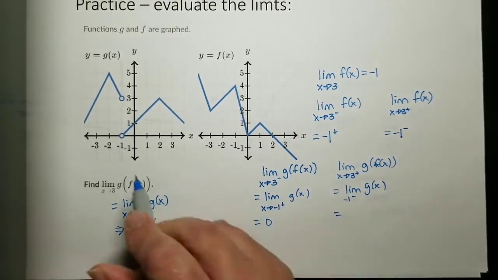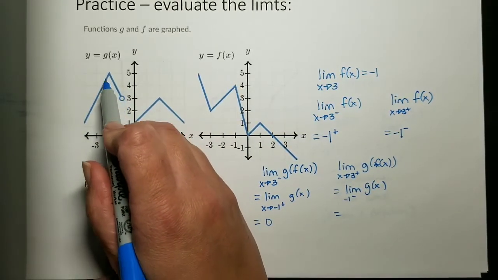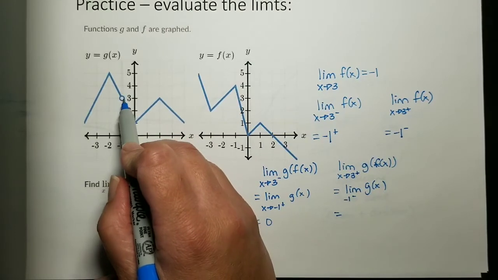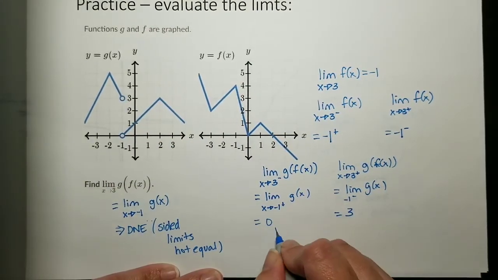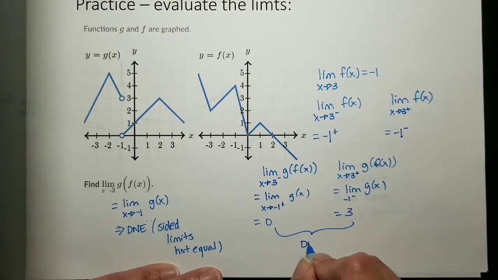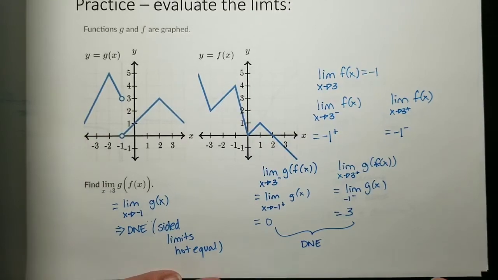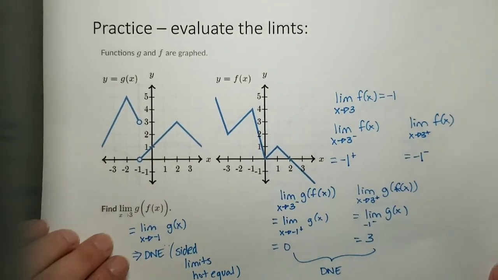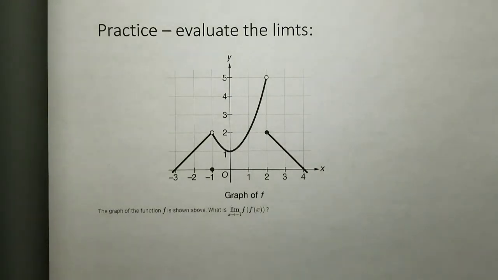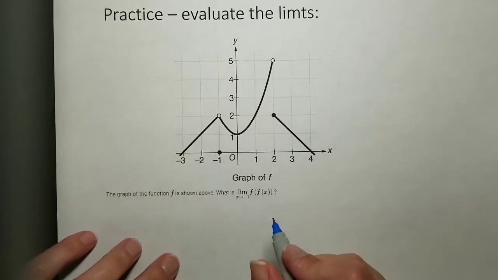And then that would have been approaching the -1 on the g function from smaller numbers, from below the -1, and we would have gotten 3. So because the sided limits are not equal, it doesn't exist. So it doesn't always work, but sometimes if you analyze which side you're coming from, you can actually get an answer. So the last one, I'm just going to rewrite this bigger.